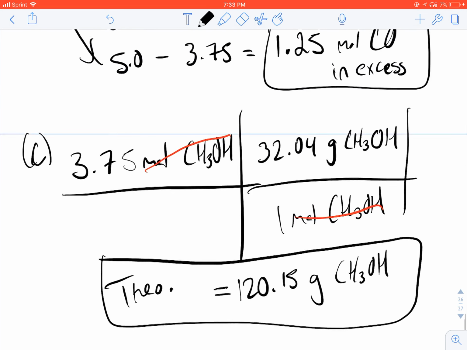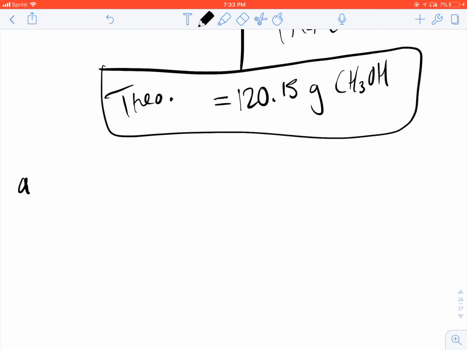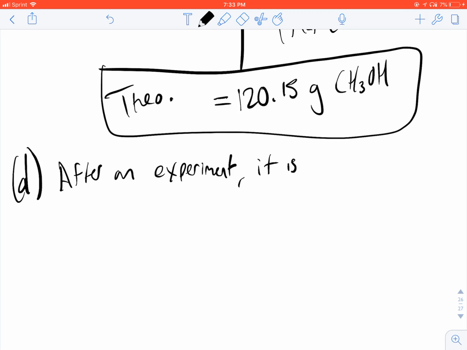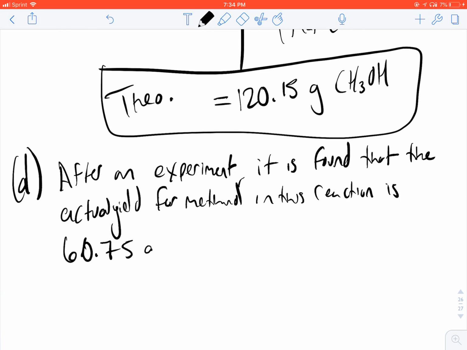Wonderful. Now, let's say in this question, like I said earlier, I'm going to make a part D. So let's say part D says, after an experiment, it is found that the actual yield for methanol in this reaction is, I don't know, let's just say it's 60.75 grams.